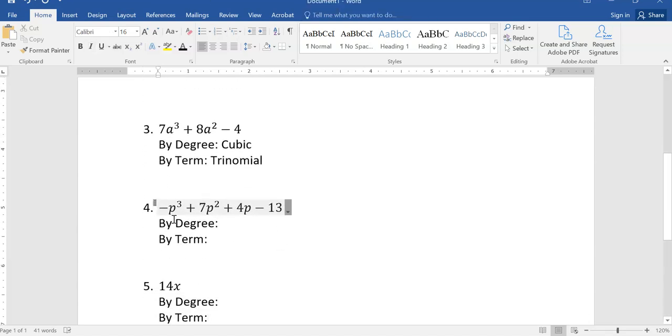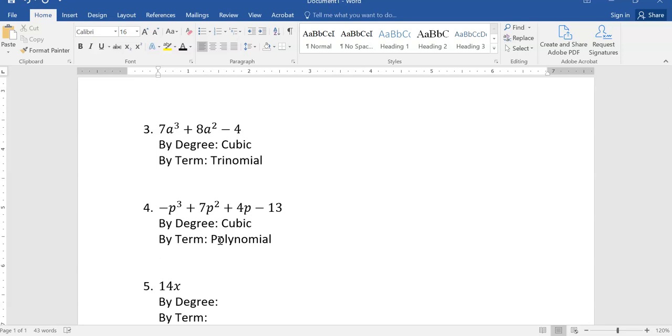Number 4, we have 1, 2, 3, 4 terms. There was no special language that we use for 4 terms, so it's just a polynomial. But as far as degree goes, we have a 3rd degree polynomial, so it's a cubic polynomial.